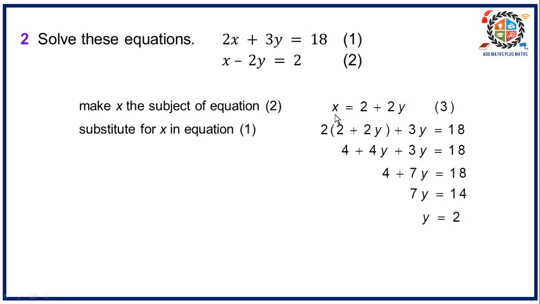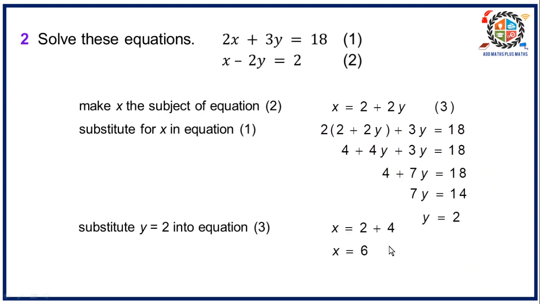So to find the value of x, you just need to substitute y with 2, which comes from solving for y here. So 2 times 2 is 4 plus 2 will become 6. So x is equal to 6. Thus the solution of the simultaneous equation is x is equal to 6, y is equal to 2.